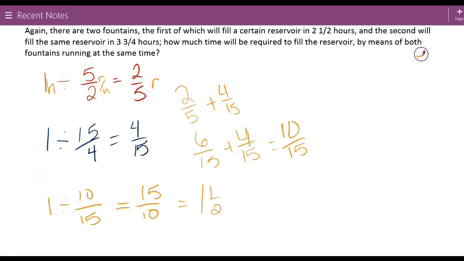And that gives us 2/5 of the reservoir. Again, we have 1 hour divided by, the rate is reservoirs per hour. Our reservoirs cancel and we're left with hours.